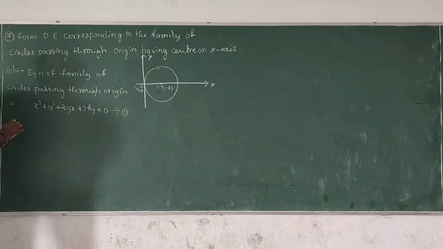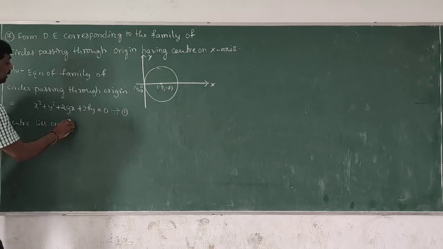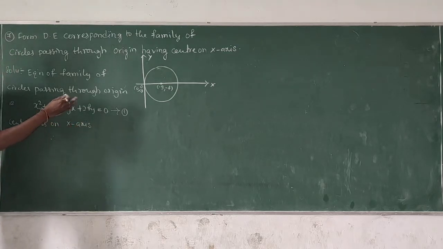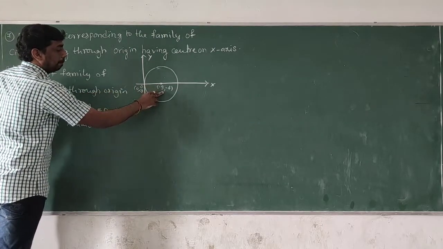Now the center is (-g, -f). Okay, no problem. The center lies on the x axis. Therefore the center is (-g, -f).